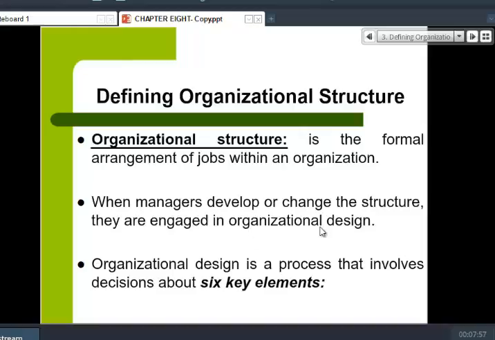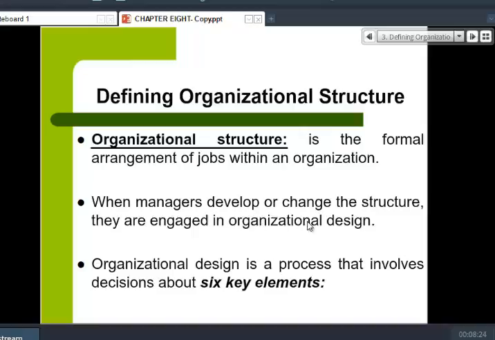It could be a multiple choice question: we can say that a particular organization is doing a restructuring or an organizational design when the managers try to develop or change the structure.